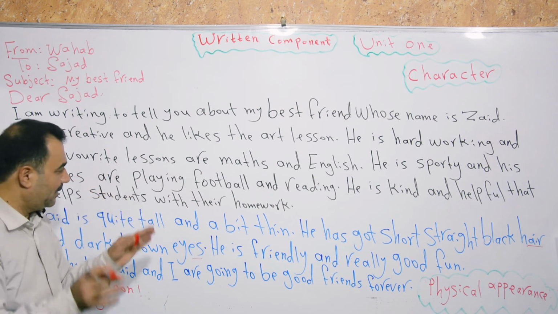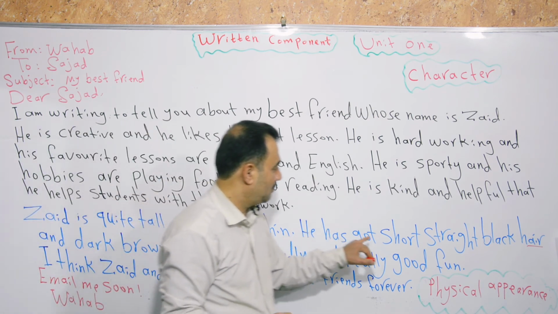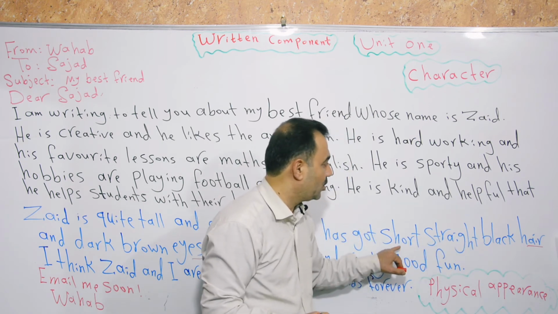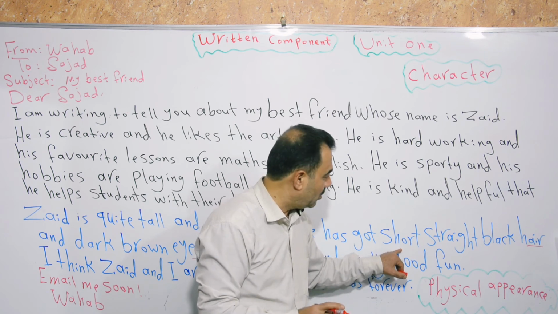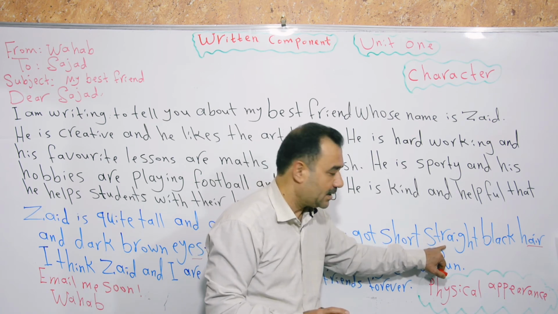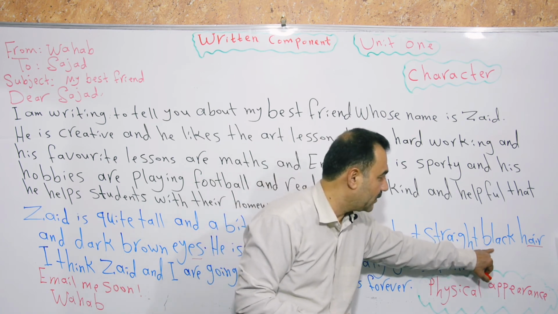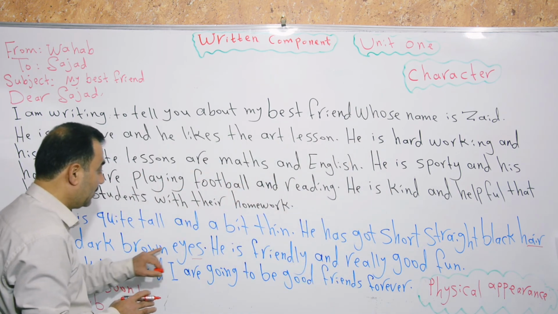Now, physical appearance: tall, thin. Describe his hair: short. Look at the arrangement and the order of what? The adjectives. Adjective of size, adjective of shape, adjective of color to describe hair. Now, and dark brown eyes.